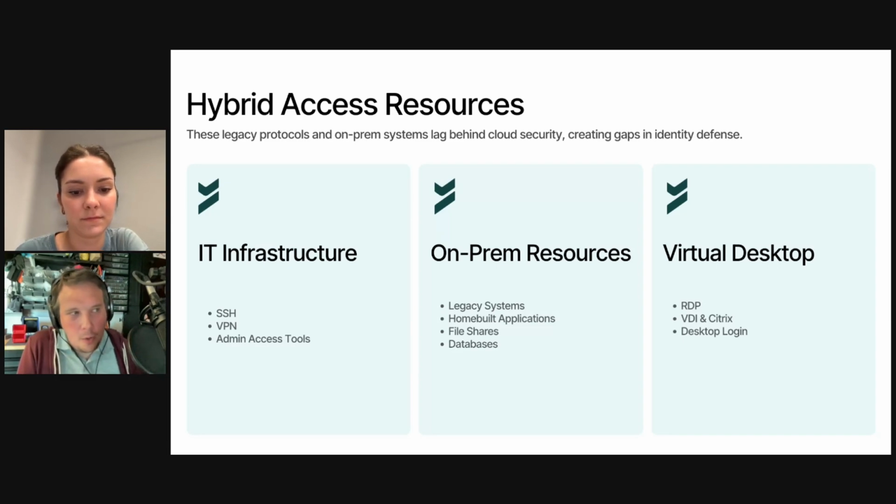And this is something that when we talk to customers, we hear a lot about these sort of gaps in coverage for modern identity protocols and solutions. If you have a phishing-resistant MFA solution, if you have something that uses SAML or OIDC, you tend to have to leave some of these resources out of the purview of your identity systems. And that is contributing to security challenges for our customers.